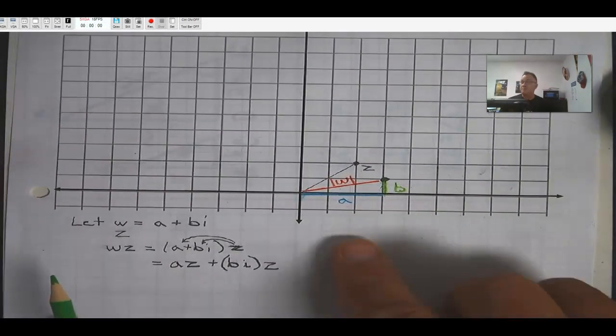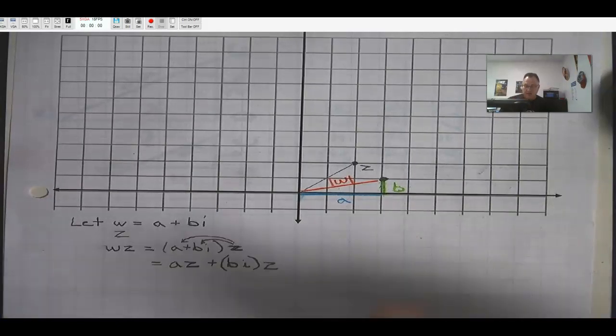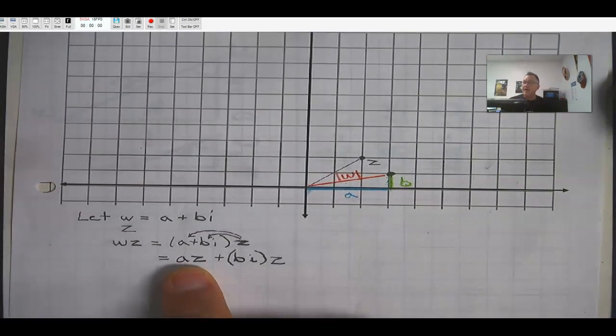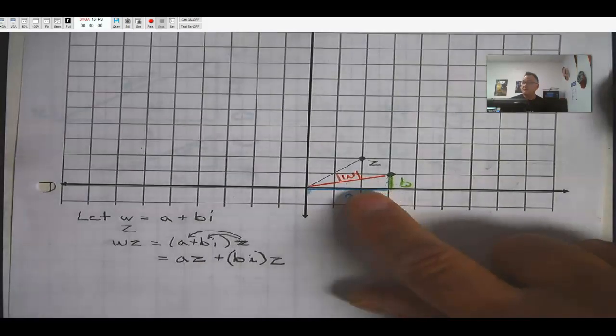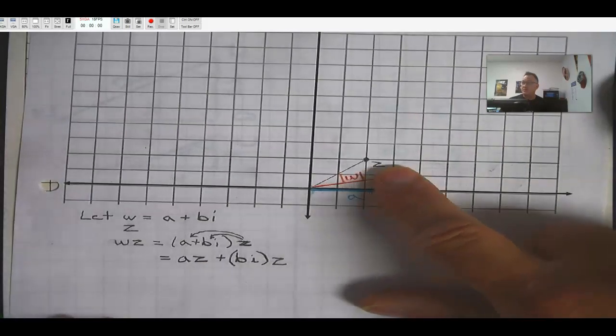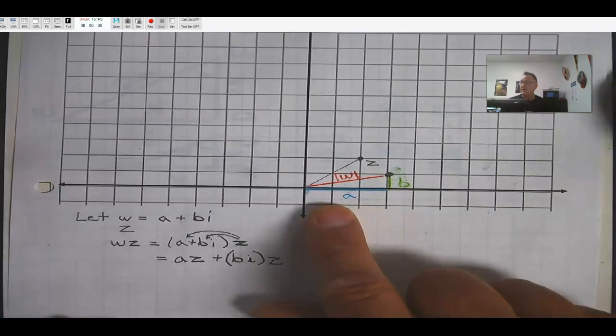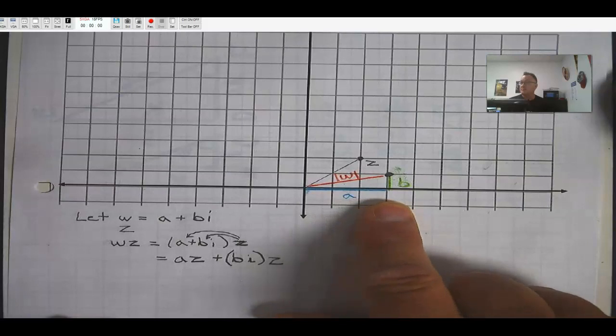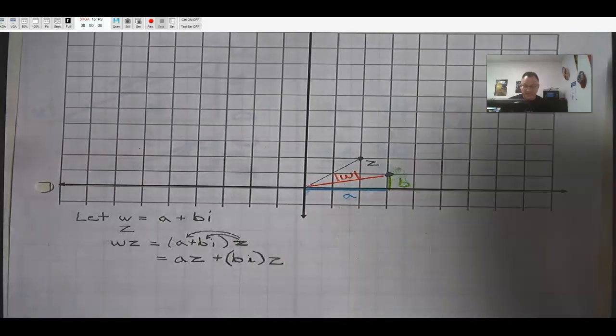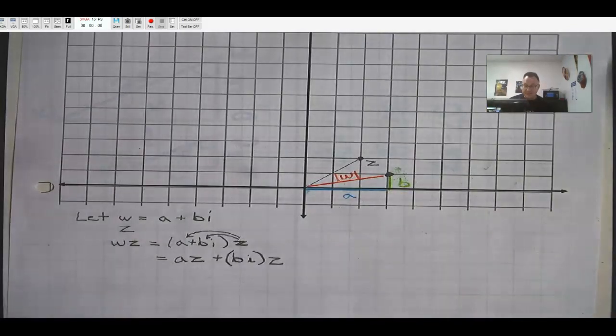Good to go? All right, now, here's what we got to draw, AZ. Well, how are we going to draw that? How are we going to dilate Z? By what factor right now? By 3. So I'm going to make Z 3 times longer.